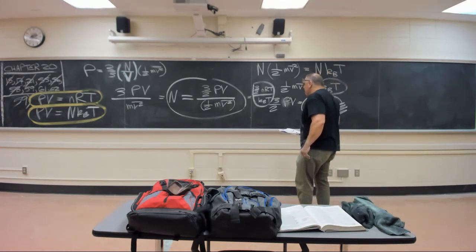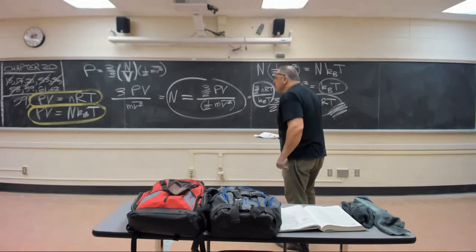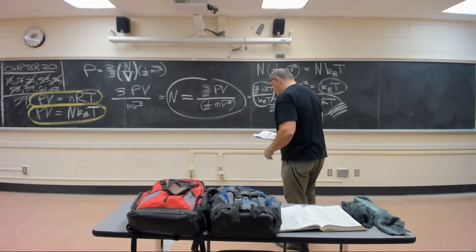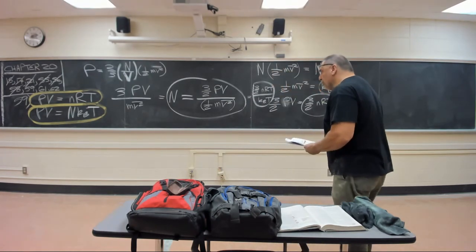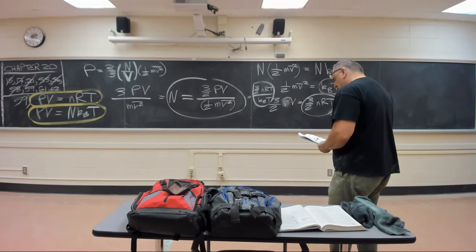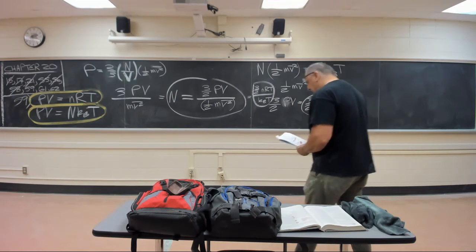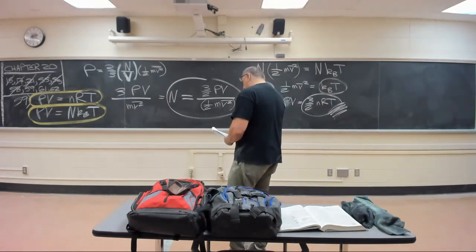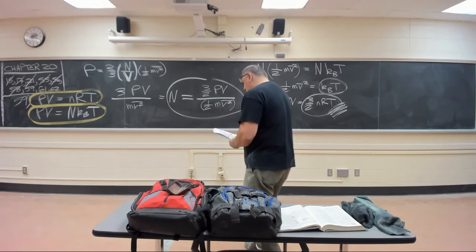Now, PV is 2/3 that. So we were saying how the pressure was manifested. The pressure is from 1/3 that size, so that's where that would have to come from.